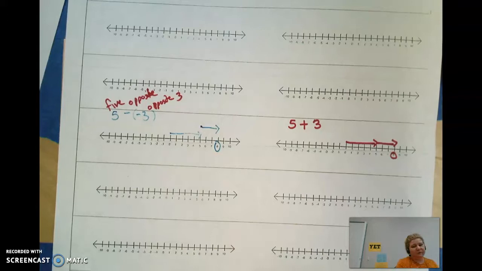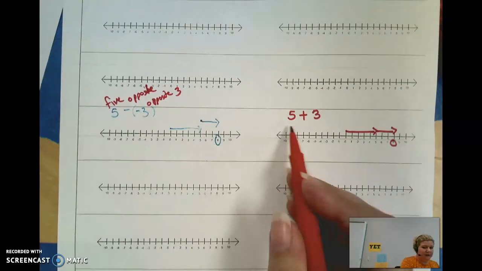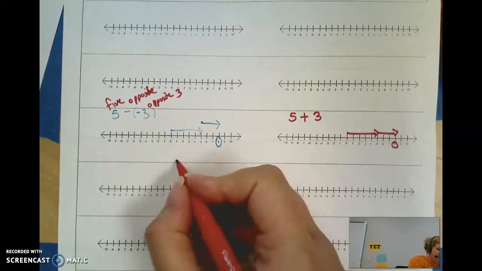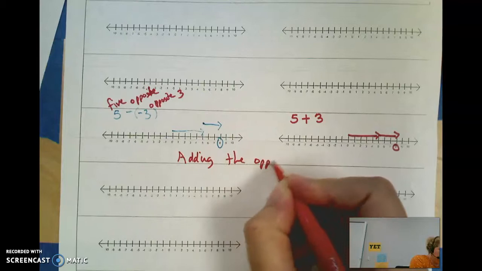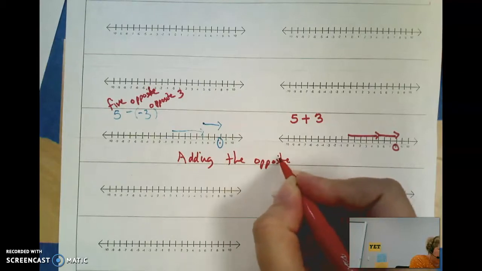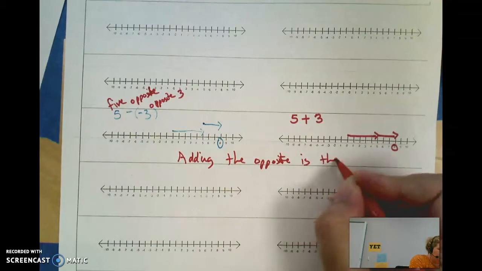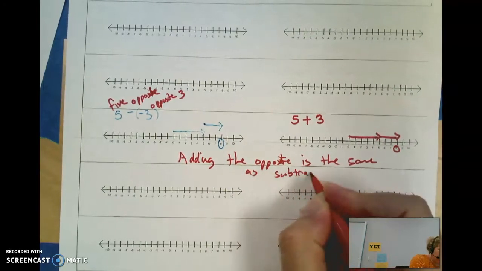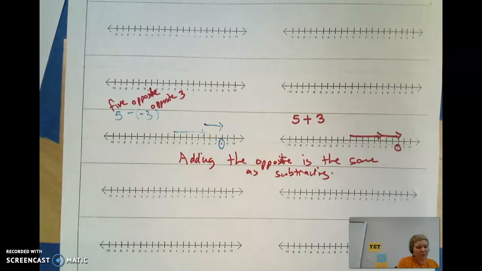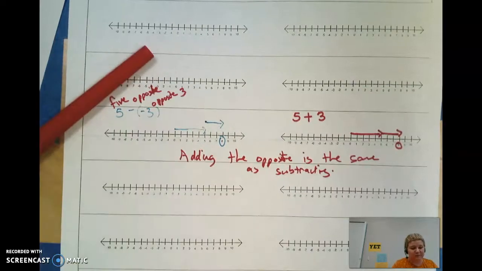Okay, well the opposite of negative 3 is 3. 5 plus 3. So again, adding the opposite is the same as subtracting. And that's great information to know.